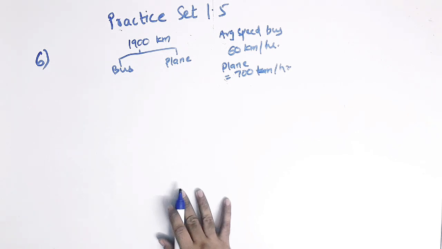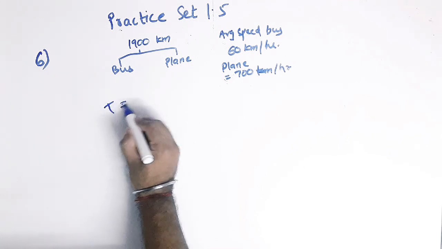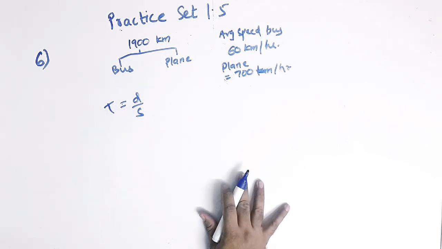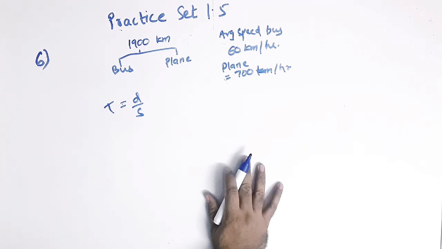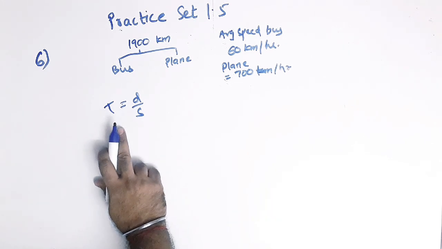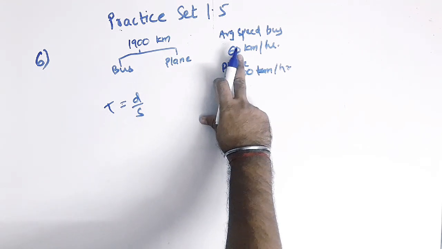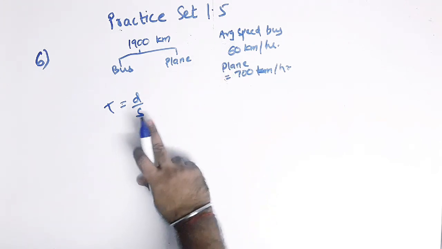Now, a very important formula you have to remember here is time is equal to distance upon speed. Time taken is equal to distance upon speed. So if Vishal travels by bus, it is 60 km per hour, this is the speed.